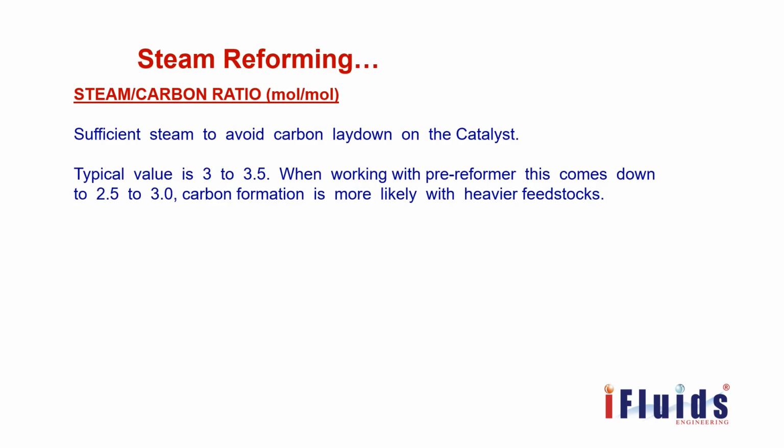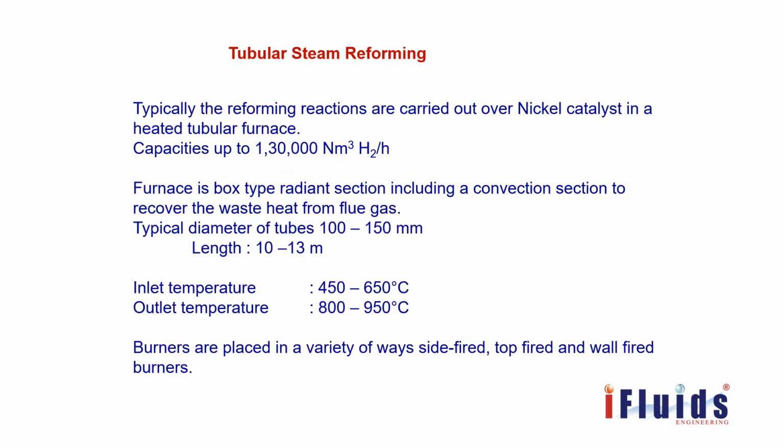The typical value for steam carbon ratio is 3 to 3.5, whereas when we have a pre-reformer, the ratio can be reduced to 2.5 to 3. That is the advantage of having a pre-reformer. The main advantage is most of the hydrocarbon molecules are converted into a lighter fraction, that is methane. Another is you can have a lower steam carbon ratio so that we can conserve a good quantity of steam.